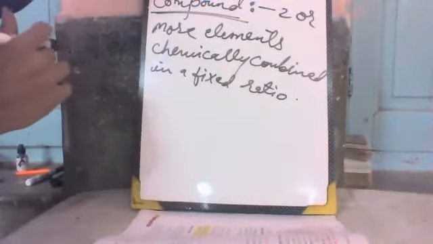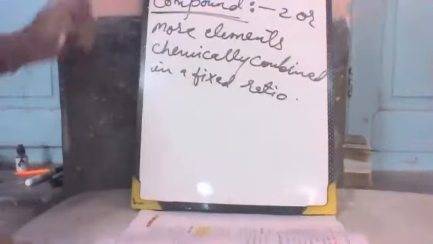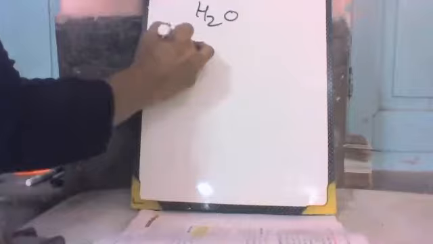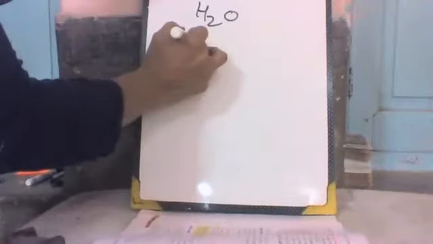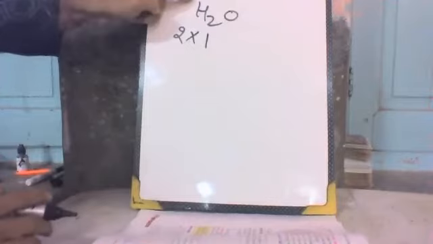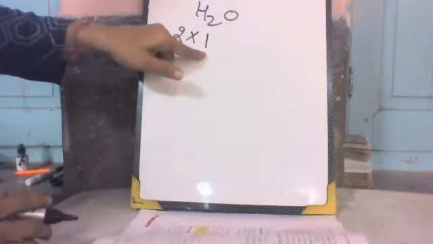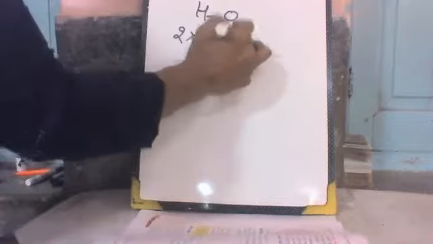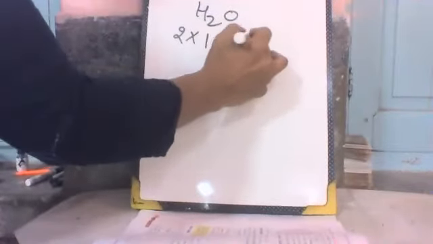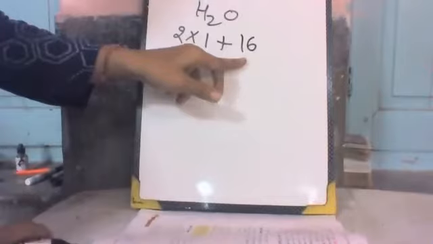Now, the molecular formula in a ratio is this. Molecular mass of H2O: the number of atoms of hydrogen is 2 and the atomic mass is 1. Hydrogen having mass 1 combined with 1 atom of oxygen, which has mass 16.